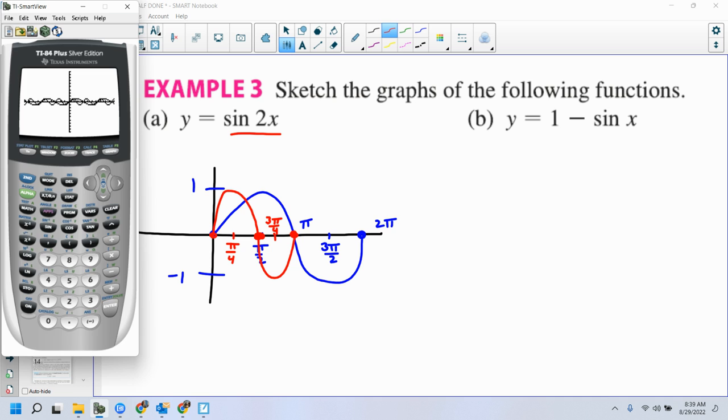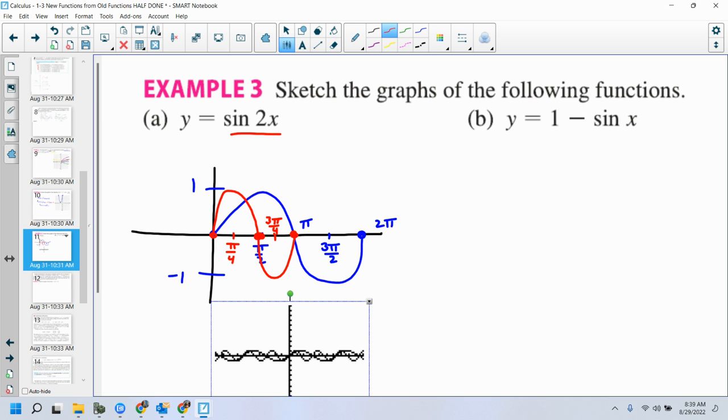Remember, all I'm looking at here is just from here to here, right? And I could have kept this going too. Oh, it should have gone down to -1. You guys get the idea, though.